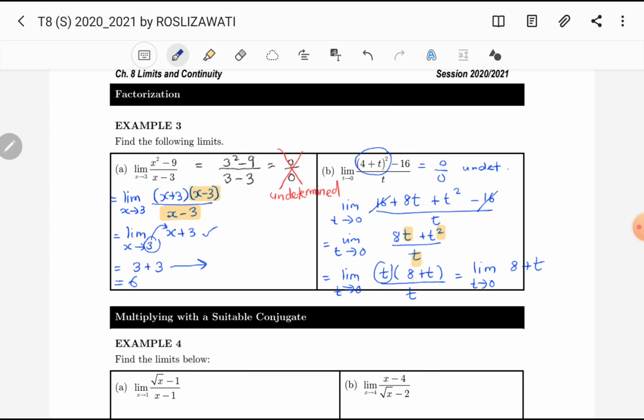We have t over t, so we cancel, leaving 8 plus t only. Next, finally, we write equals. I want to substitute now, I want to put 0 in, so I no longer need to write LIM. So 8 plus 0 is 8. So the answer is 8. Okay. Next.